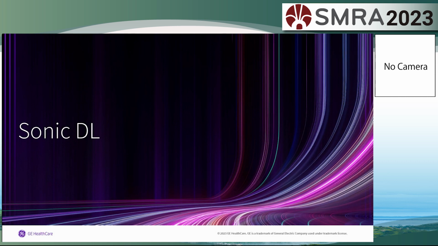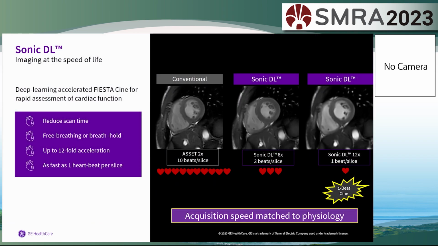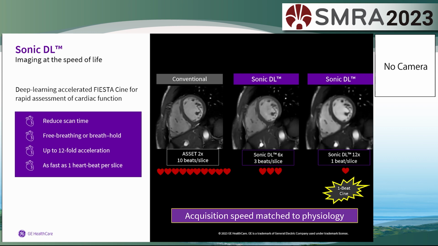Let's move on to the next topic, the Sonic DL, which is our new deep learning-based reconstruction, different from the AIR Recon DL. The Sonic DL is a deep learning-based reconstruction technique focusing on the speed of the imaging.